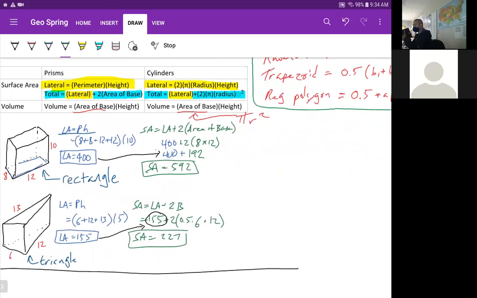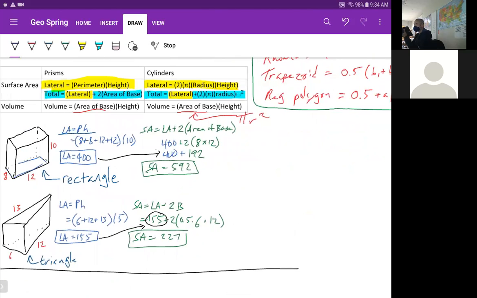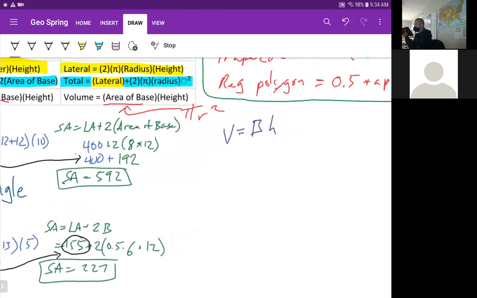What color? Let's do purple. So you have these 2 prisms here. This is a rectangular prism, so volume equals area of the base times the height. I hope you're paying attention because it's fixing to be done.